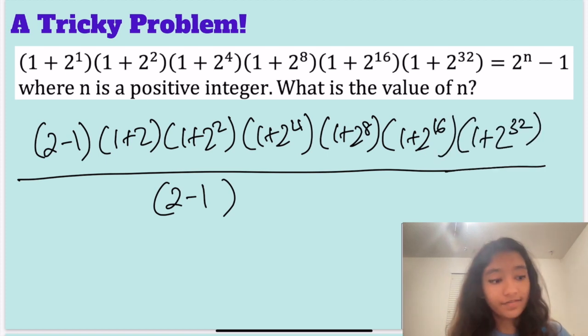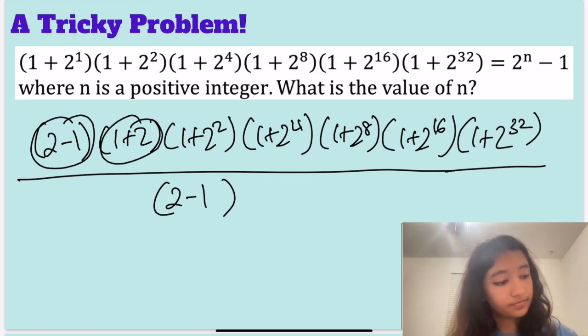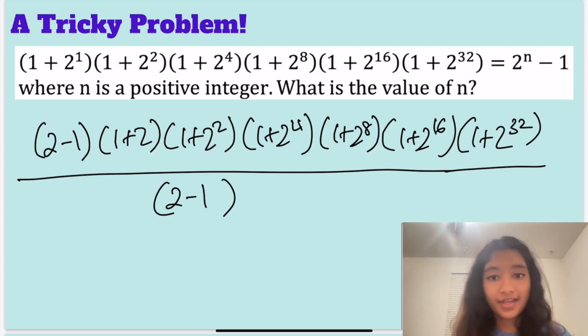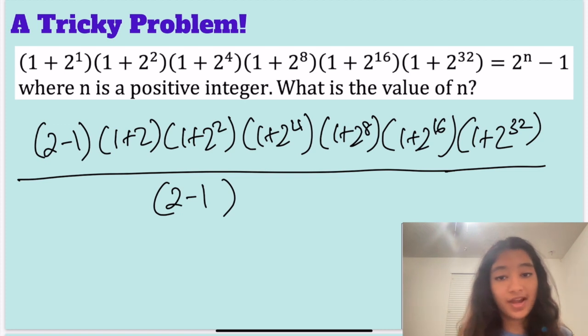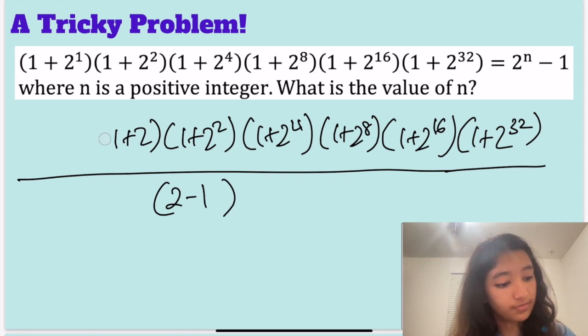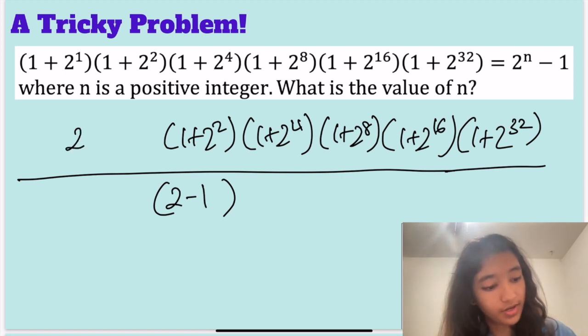Now we have 2 minus 1 times 2 plus 1. Again, that's a plus b times a minus b. So 2 minus 1 times 2 plus 1 is really just equal to 2 squared minus 1 squared, and 1 squared is just 1.